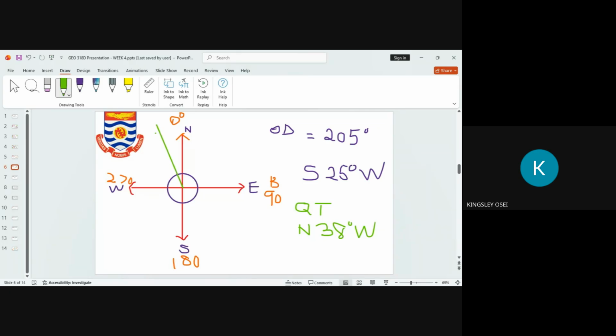My line should be somewhere here, such that when I move from here towards the line, I will get 38. Because the definition said from the north direction, move towards the west. But your angle in your movement should be 38 degrees.